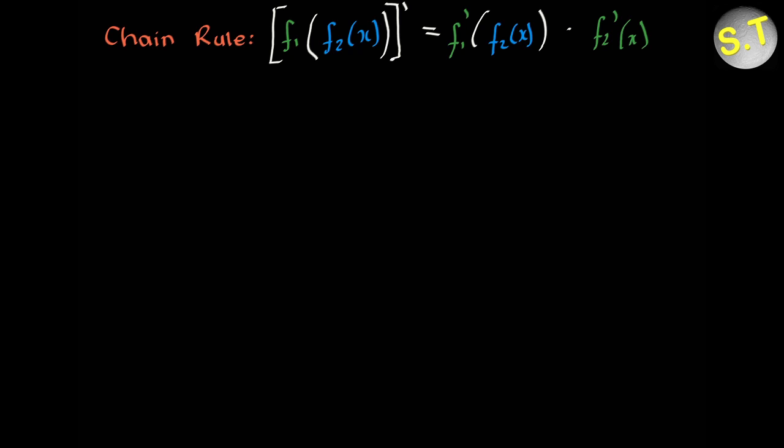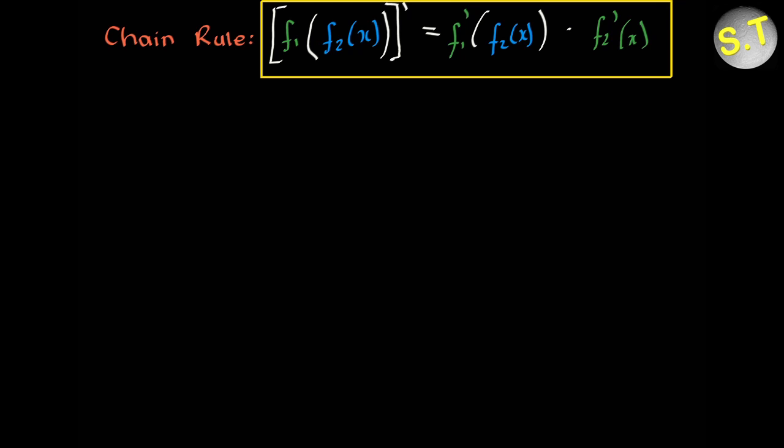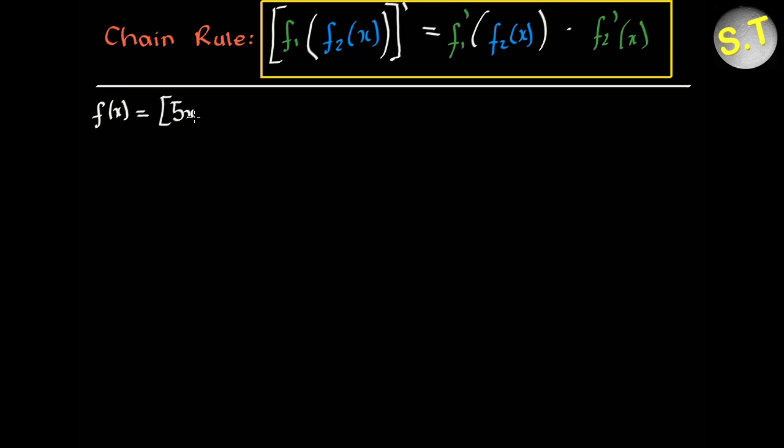In this case we've called the functions f1 and f2. So what does that mean? Let's take a look at a couple of examples. In our first example, if we have f of x is given by (5x plus 3) all to the fifth power, we can see straight away that our f of x is influenced by two different functions.